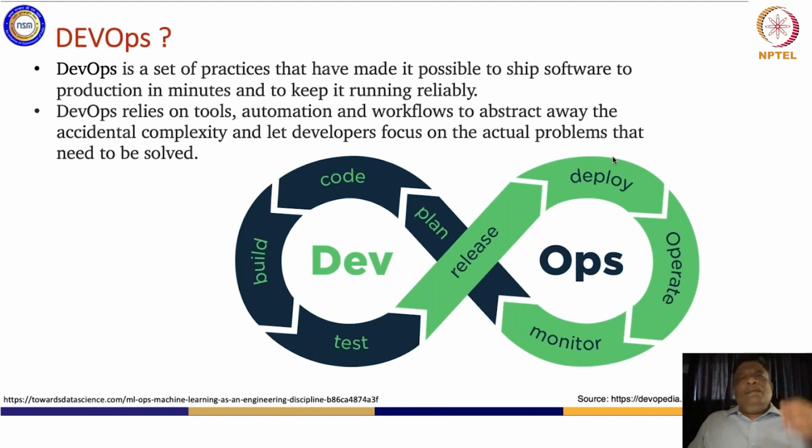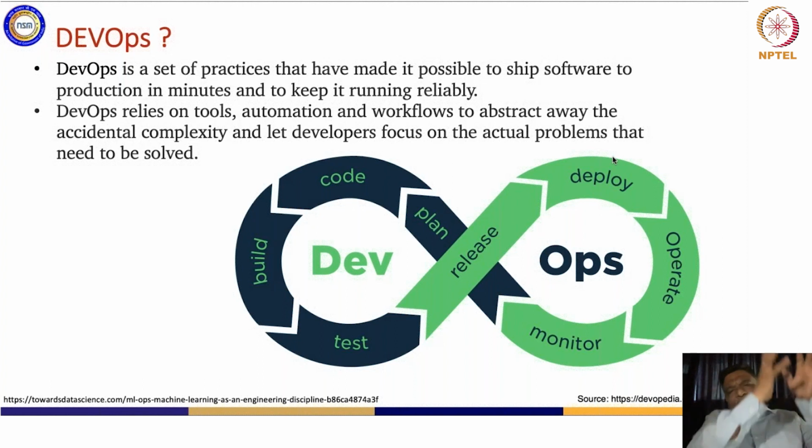Now let us try to understand how this is linked to DevOps. Now what is DevOps? DevOps is a set of practices that have made it possible to ship software to production in minutes and to keep it running reliably. That basically means you have two things.